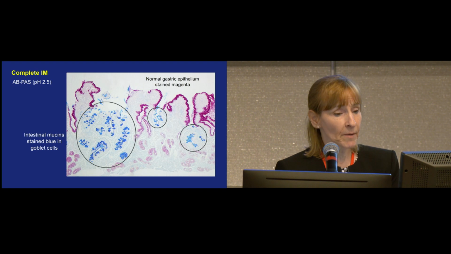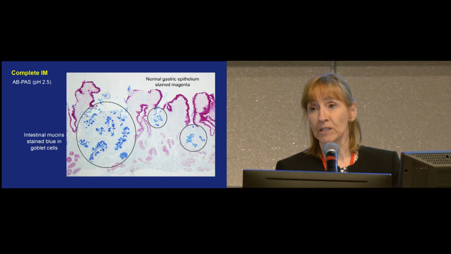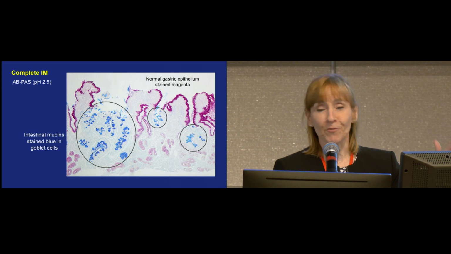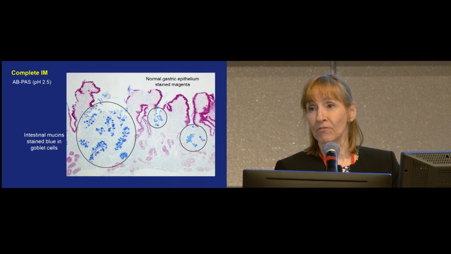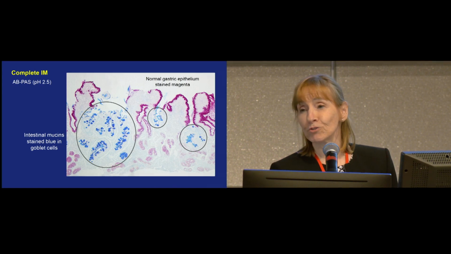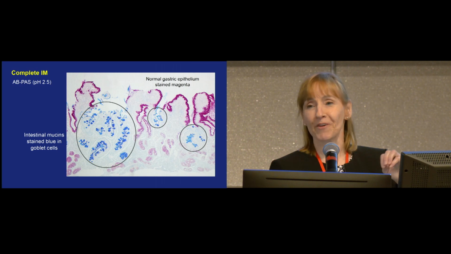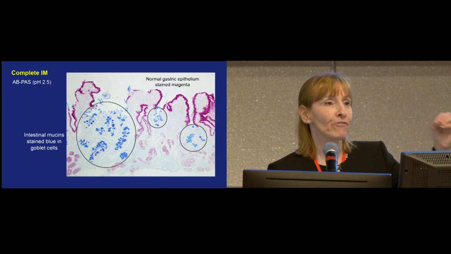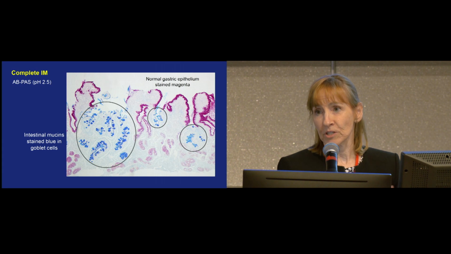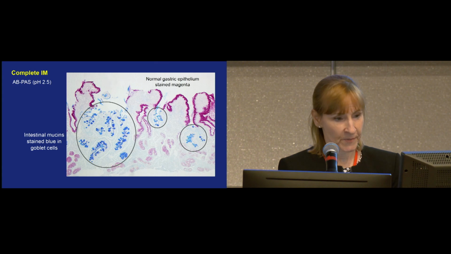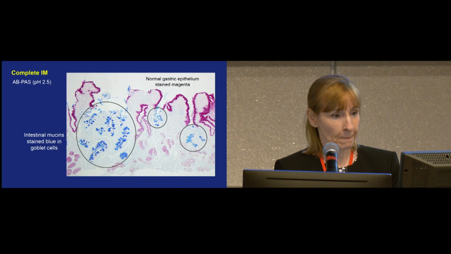I like this example because it shows the multifocal nature of the process. Yesterday we saw beautiful images of endoscopy, and somebody, I don't remember if it was Fabian, showed the multifocal nature of the process. So this is complete metaplasia.